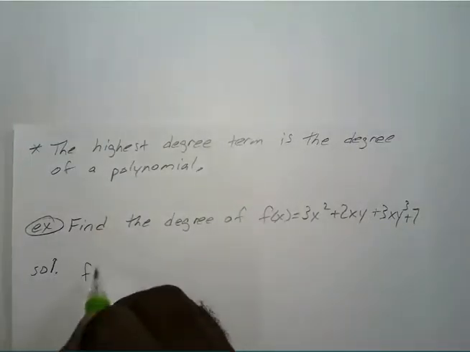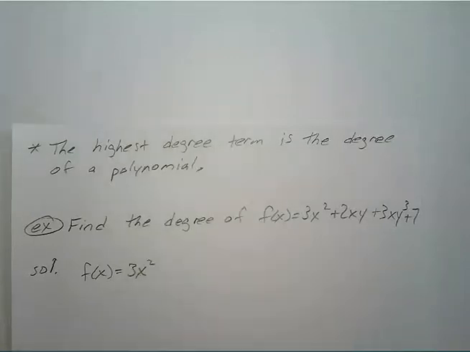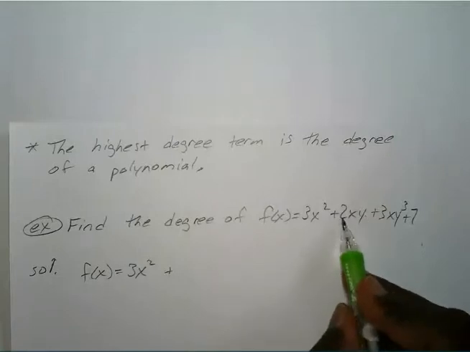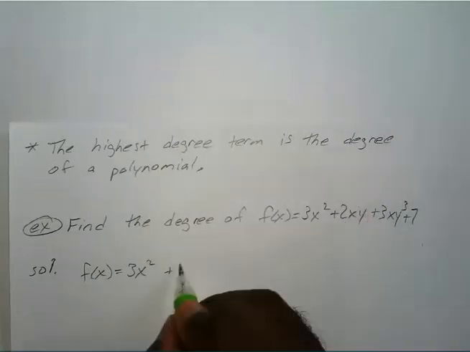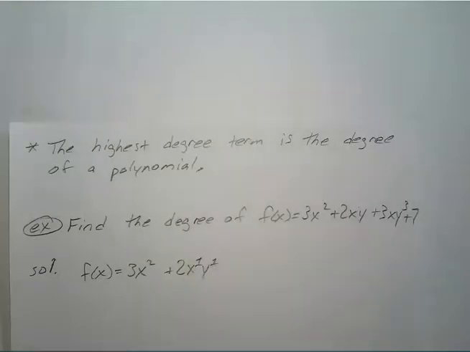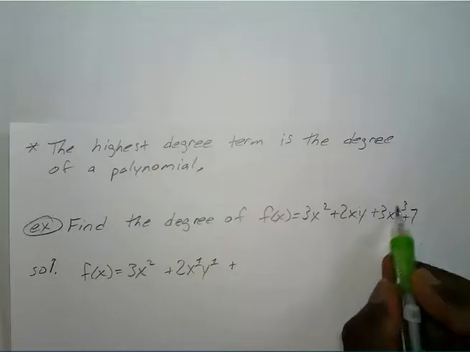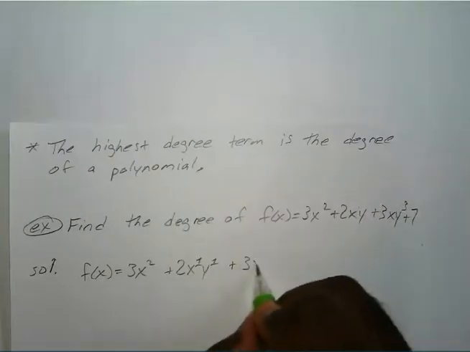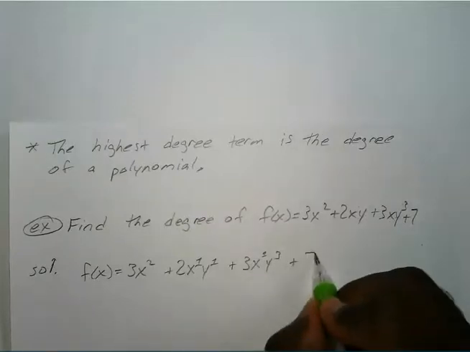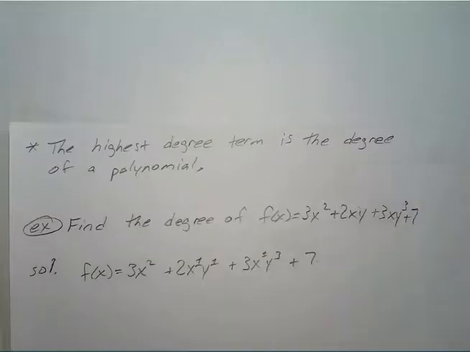So we have f of x is equal to 3x squared plus 2xy, so that's 2 times x to the first power and y to the first power, plus 3x to the first y to the third, plus 7. You can put 7x to the 0 power if you want to. You don't really have to.